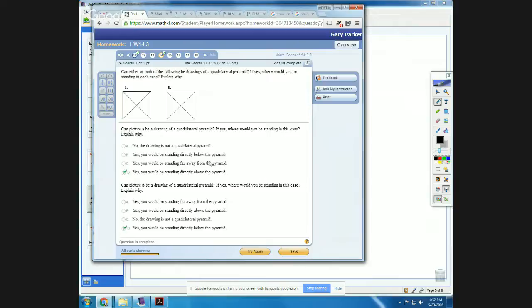So I assigned some problems from assessment A in the book, a couple problems from assessment B to get more practice. Part of it is the difference between a pyramid and a prism. Part of it is spatial visualization. And then there's a couple of problem-solving things from way back in Math 211 that pop up in here. None of them are too bad.